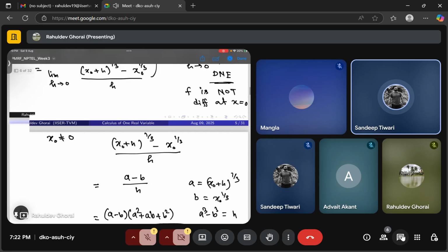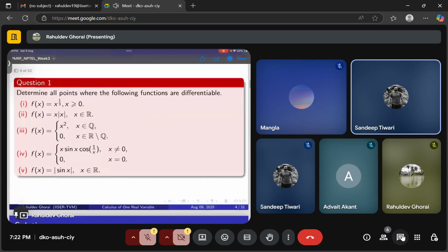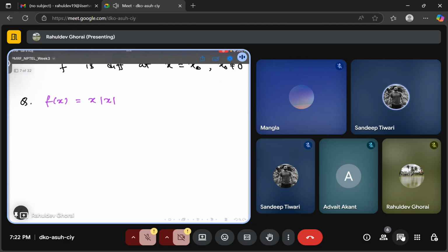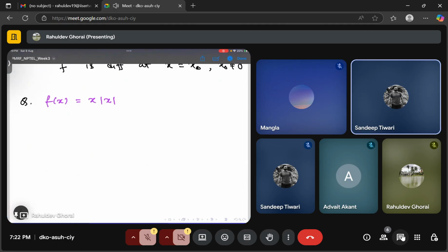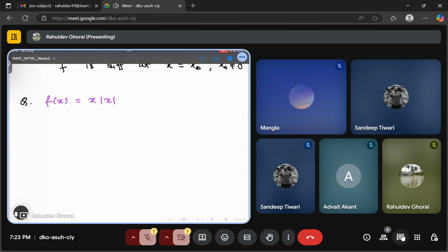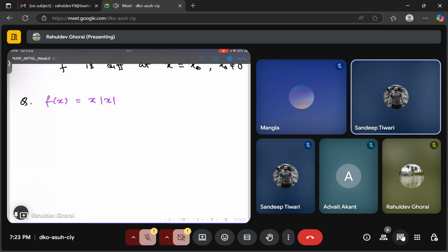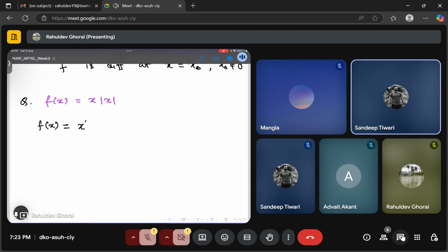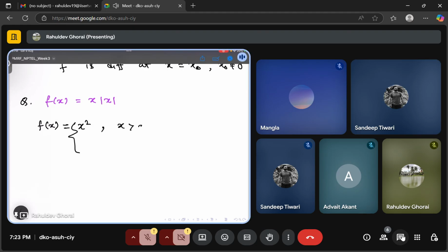So it is differentiable everywhere. At x equal to 0 also, no problem. See, f of x is nothing but x square when x is greater than 0.